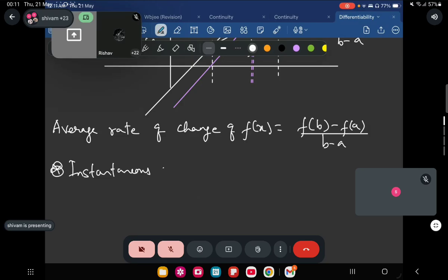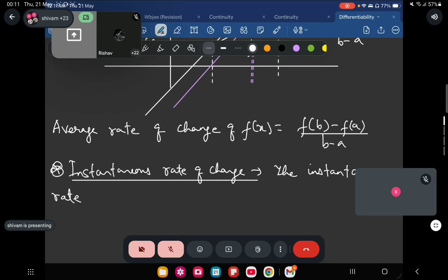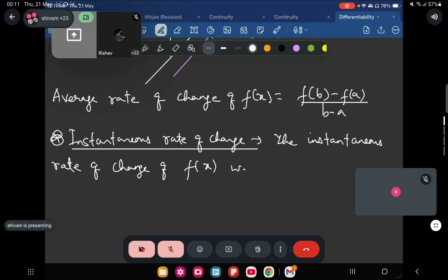Instantaneous rate of change. So the instantaneous rate of change of f of x with respect to x at a is the derivative.